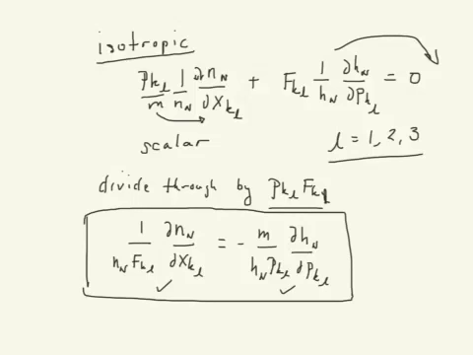So the only way, of course, these two could be equal to each other, since one is a function only of position and one is a function only of momentum, is if they're both equal to a constant, lambda, which is called a separation constant.